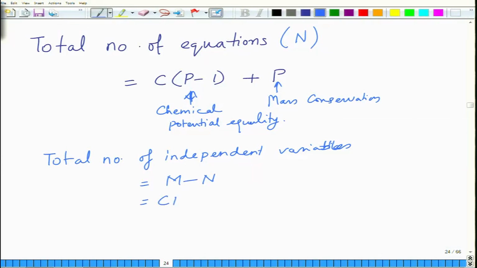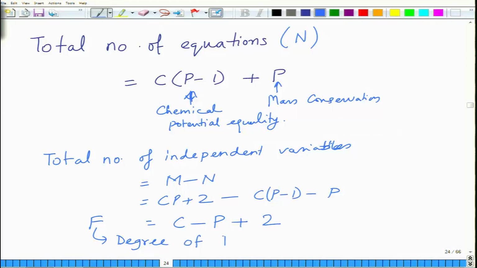So m is CP plus 2 and n is C into P minus 1 plus P. If you now just do the math, this is basically C minus P plus 2, and this total number of independent variables is called F. For a given system, it is called the degree of freedom.